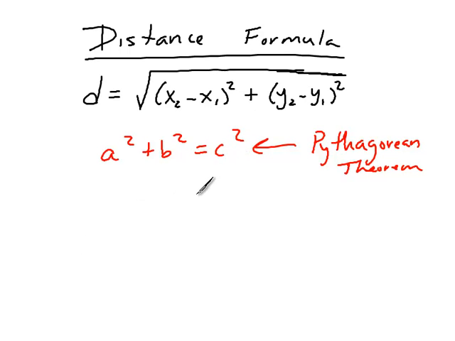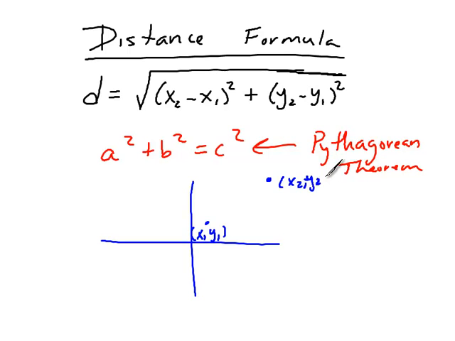Because what you're trying to do is find the distance between 2 points, and we call these points x1, y1, and x2, y2. So that's where these names come from. It's just the first point and the second point. And then we're trying to find this distance between them.